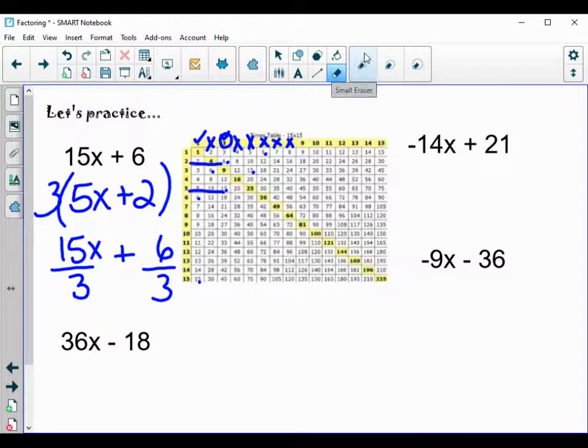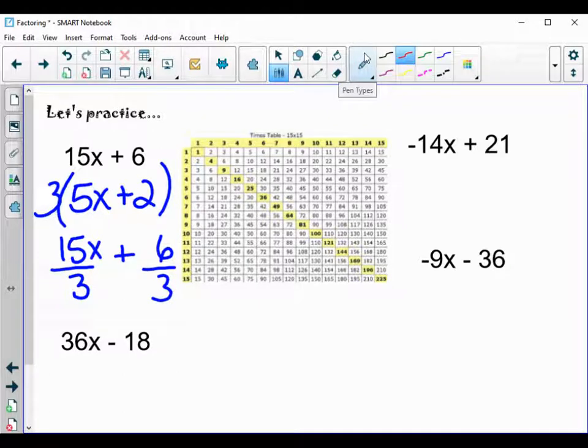I'm going to erase this so I can use it again. Okay, so now we're looking for 14 and 21. Okay, so it could be 1 because anything times itself, so it could be 1. It always could be 1. So let's go to 2. There's 14, but not 21. Let's go to 3. 21, but not 14.